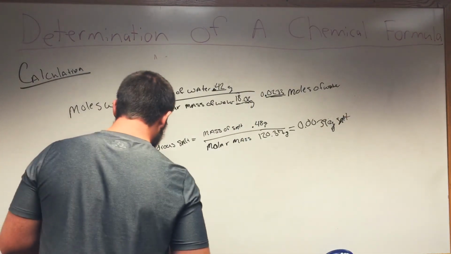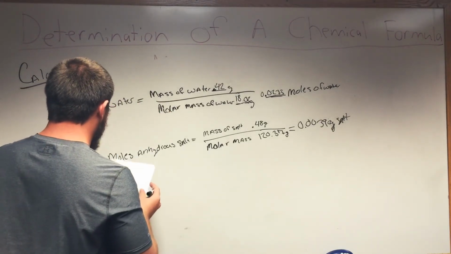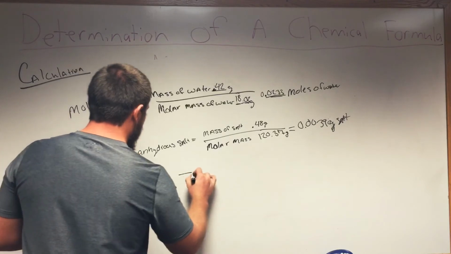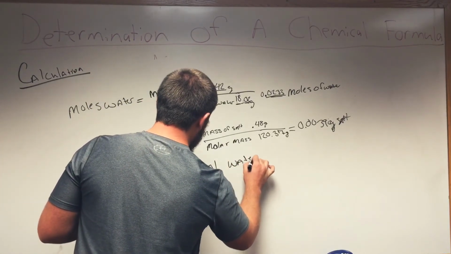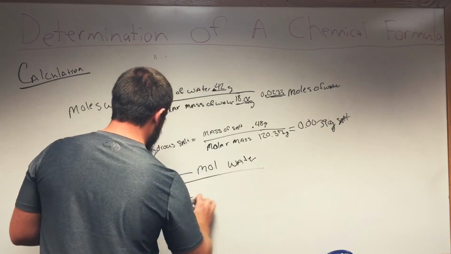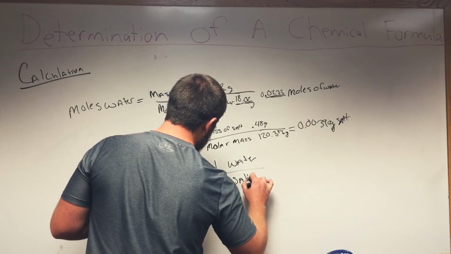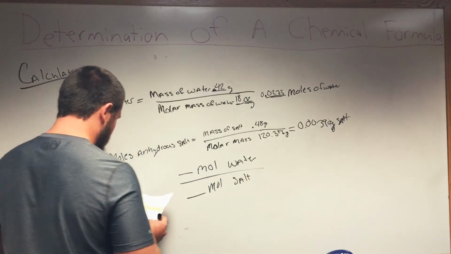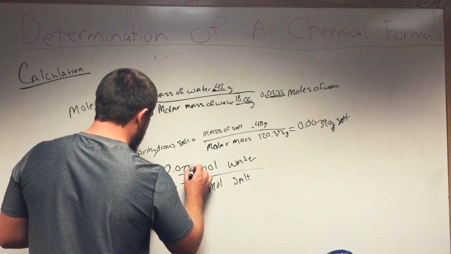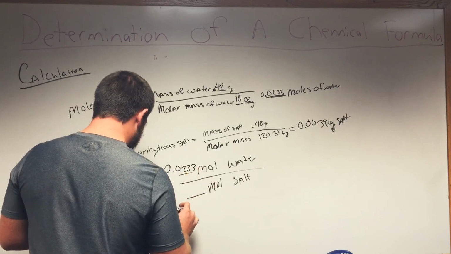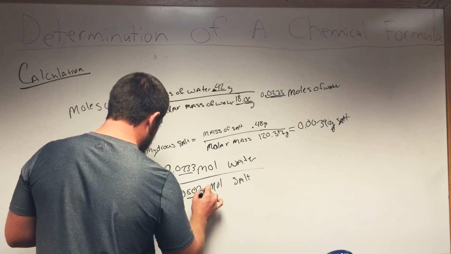And then to calculate the ratio, we did moles of water over the moles of our salt, which was 0.0233 over 0.0039.